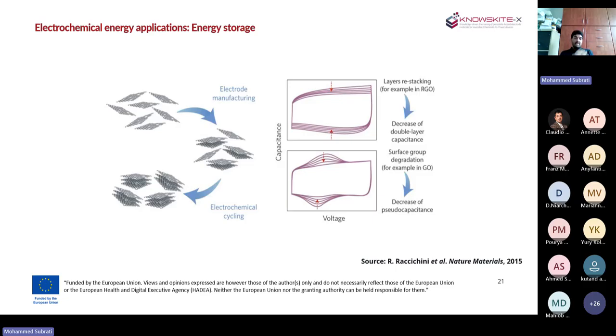And of course, don't forget that in the first place, graphene oxide is not a good electrical conductor. It's a semiconductor. So it's complicated.